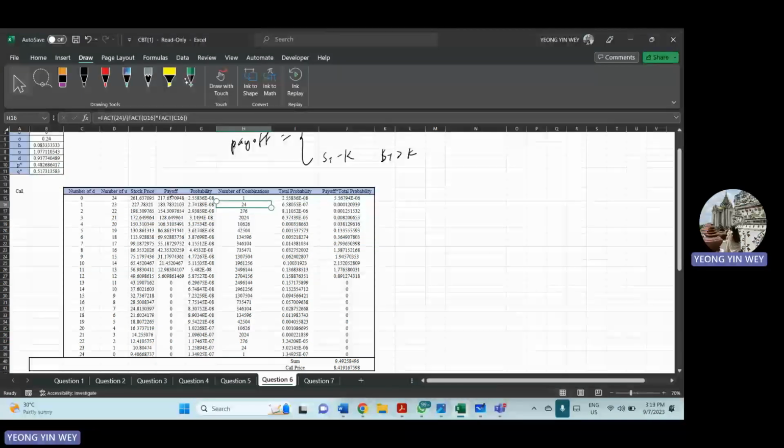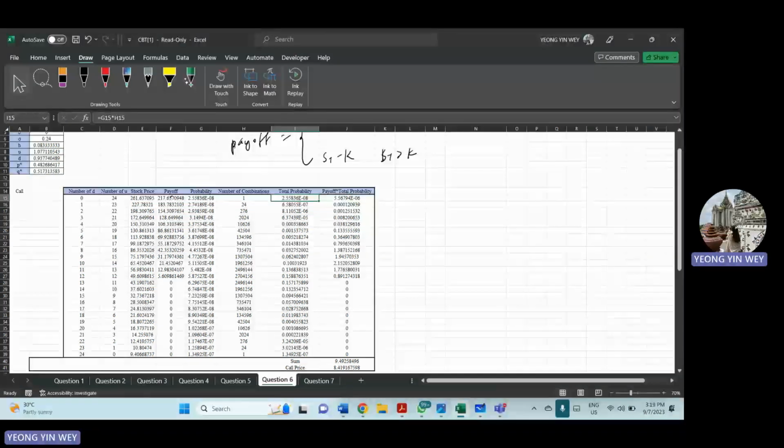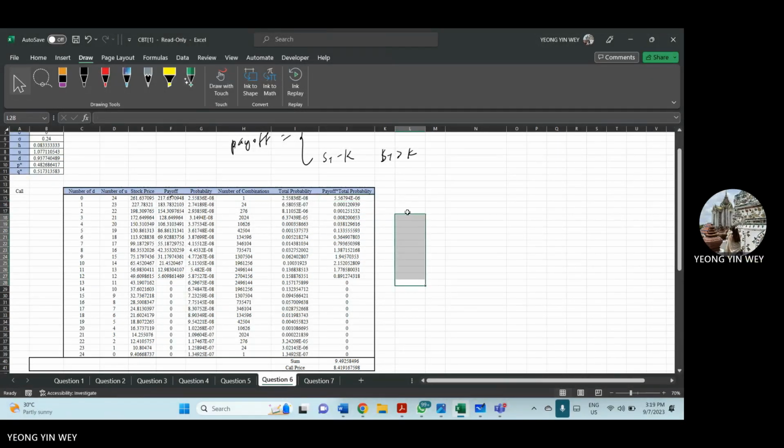So we will be using the factorial formula: factorial 24, because we have 24 periods, over the factorial of number of D times the factorial of number of U. So the total probability will equal the probability times the number of combinations. The last column is where we calculate the sum of the payoff times the total probability, which we will do using column F times column I. This is the payoff times the probability, which we will sum.